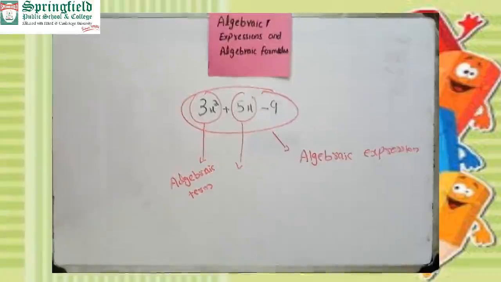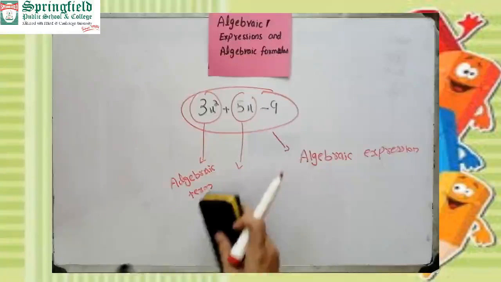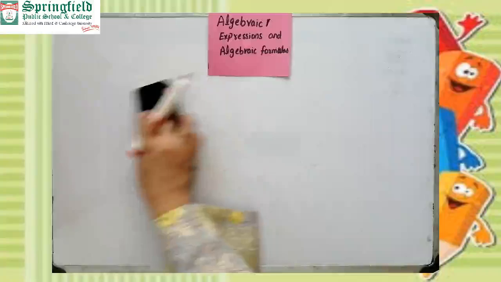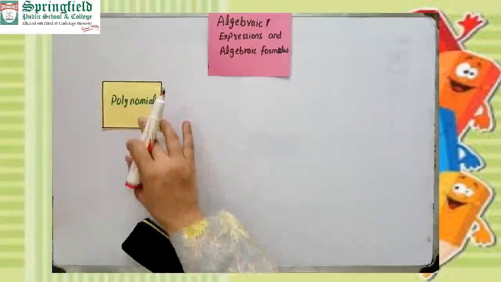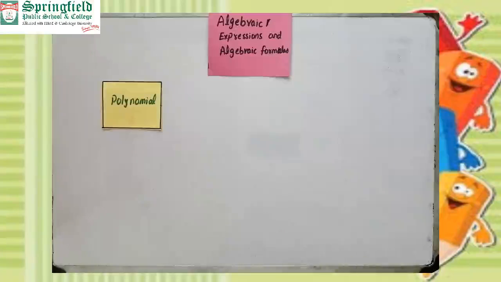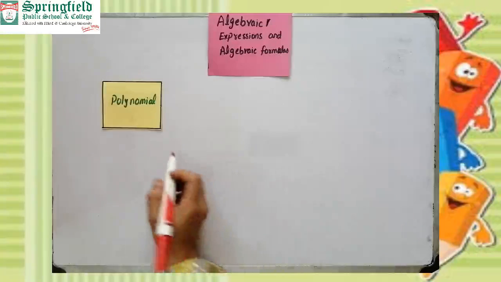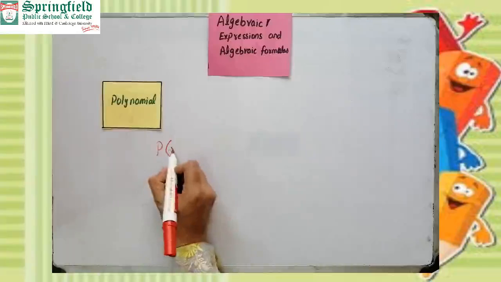Okay, now come to the new topic, the polynomial. A polynomial in the variable x is an algebraic expression of this form, the polynomial expression p of x.